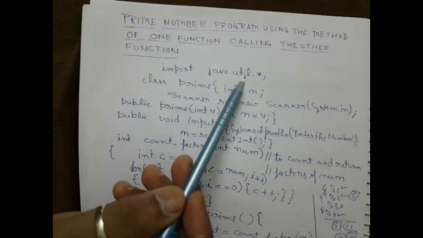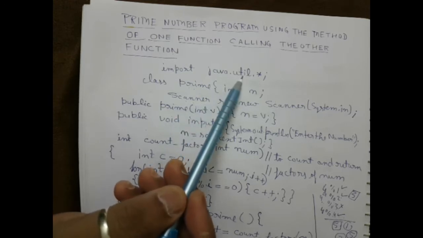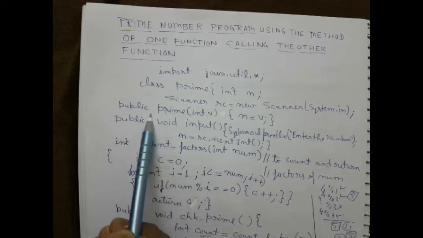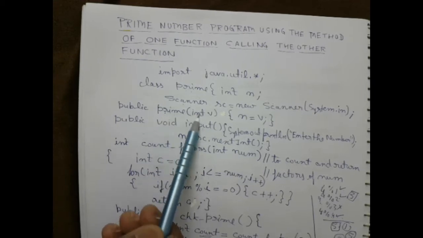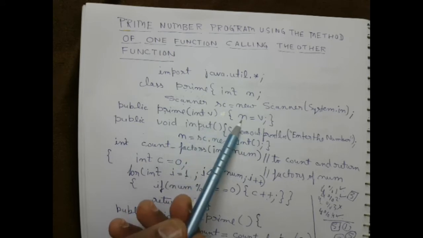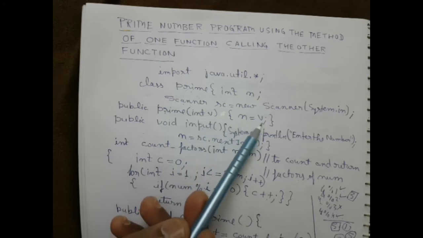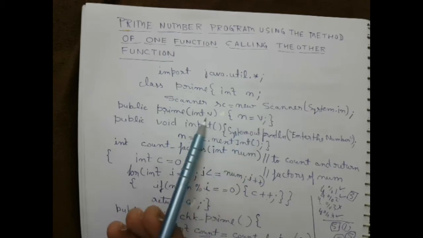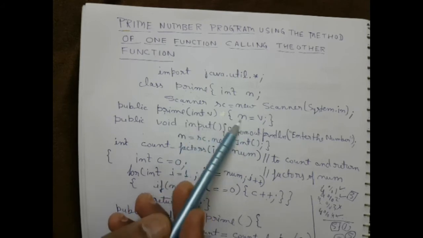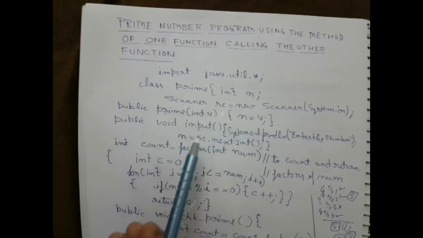That is a part of the util package. After that we have a parameterized constructor, public Prime(int v). Here n has been initialized with the value v, that is a parameter. So it's a parameterized constructor for initializing the data member n with the parameter v.